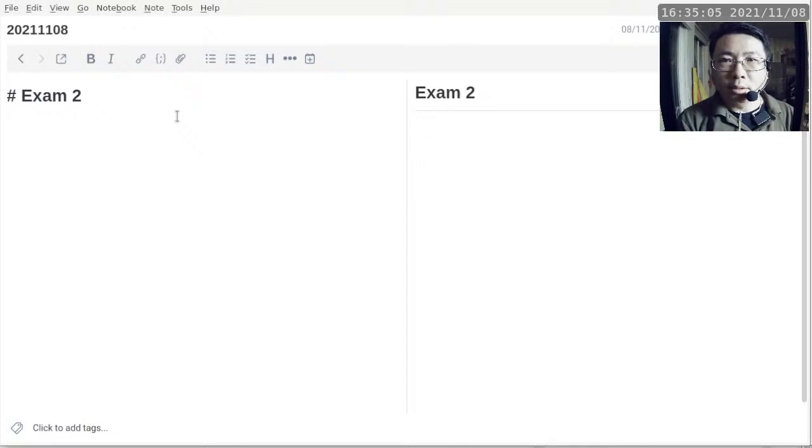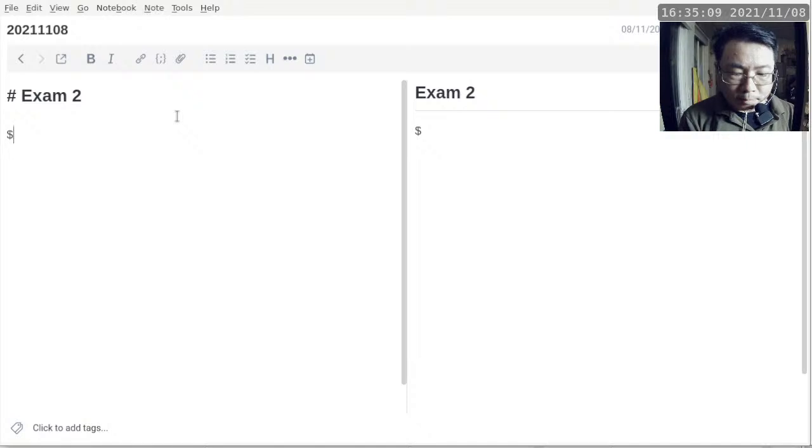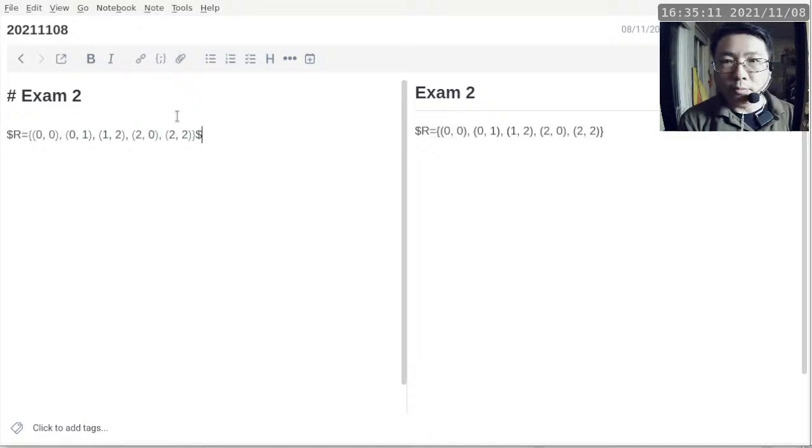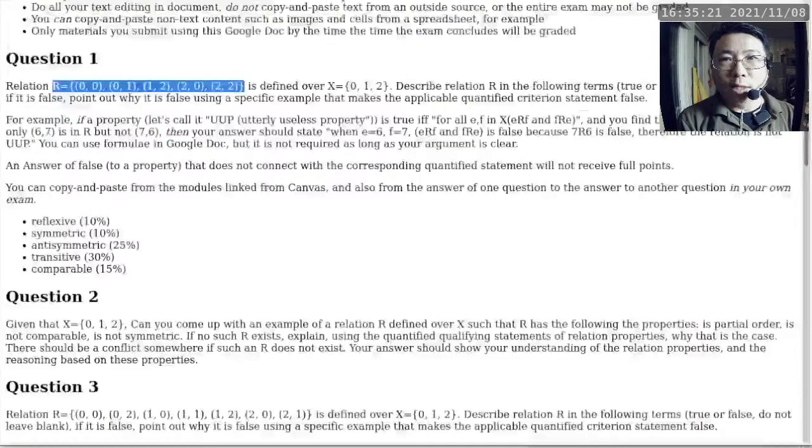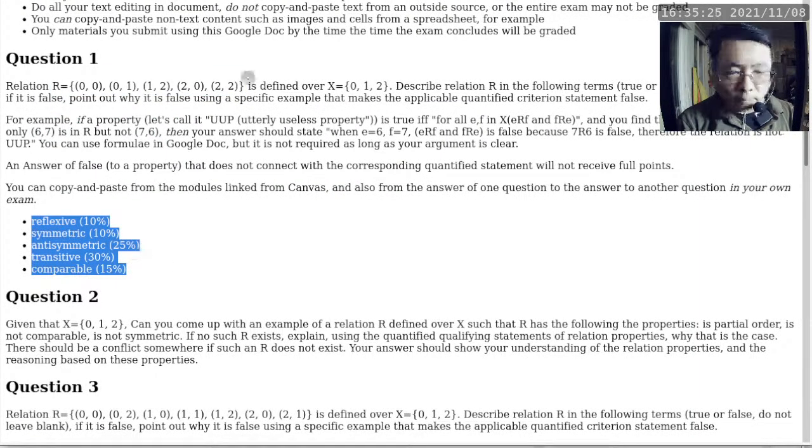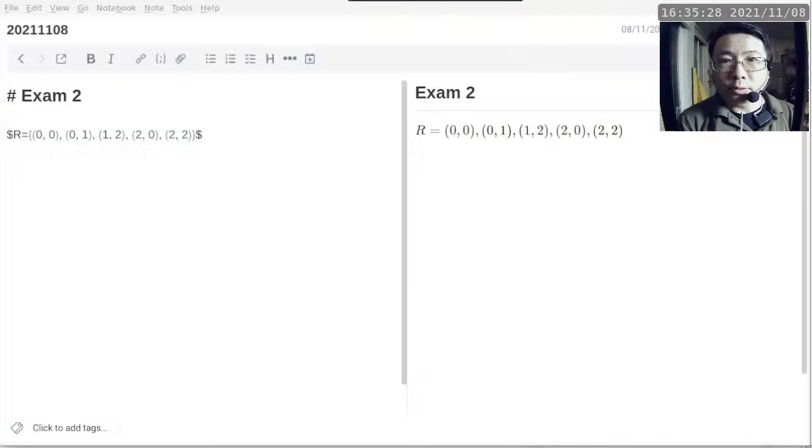I'll just say exam 2, and then the relation is this one, and we want to find out of the properties that we have talked about, which one is true, which one is false, and if it is false, why it is false, and how we want to format the answer. All right, so copy this whole bunch, paste it into here.